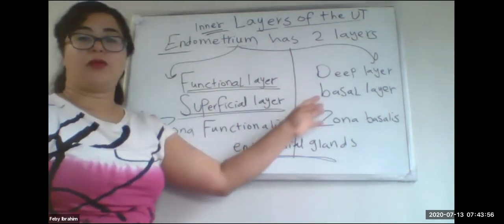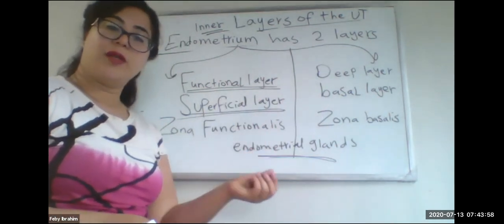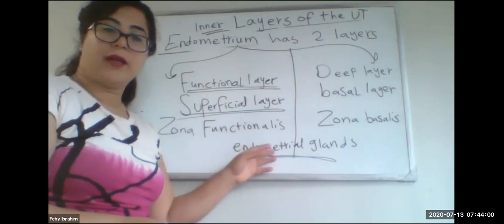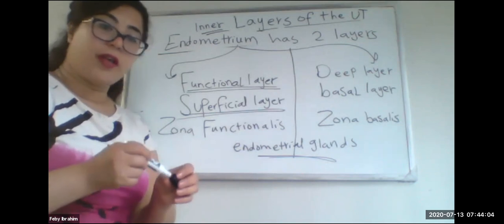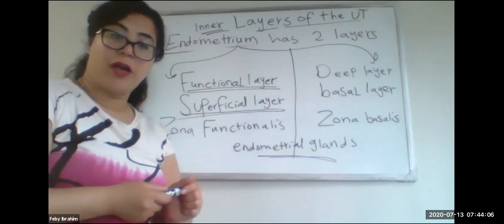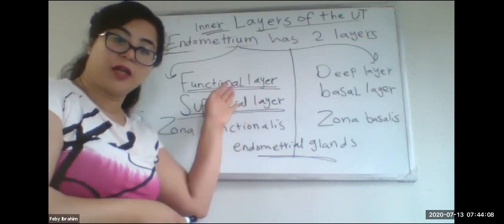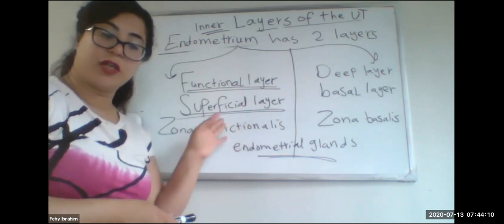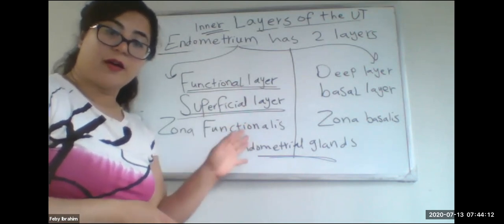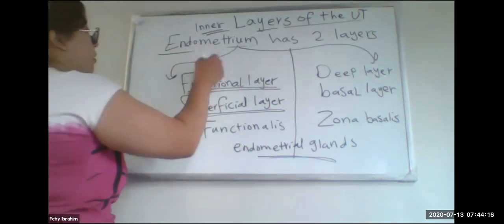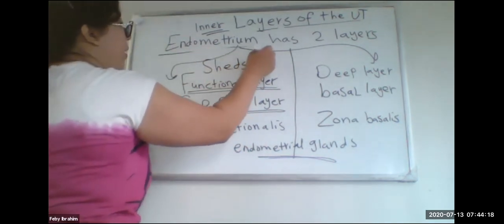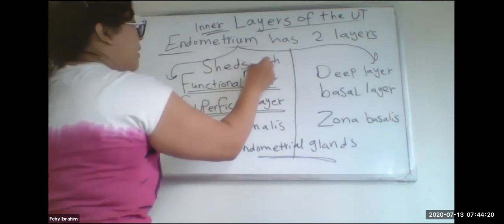Both of the two layers have endometrial tissue and endometrial glands. Very important information you have to know about the functional layer, or the superficial layer: this layer is the one that sheds with menses.